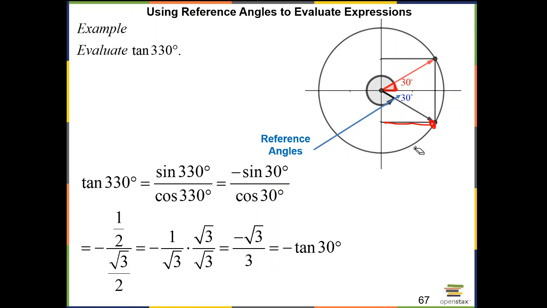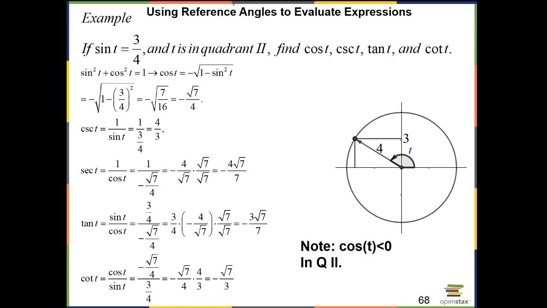So that's another example. All right, if sine of t is 3/4 and t is in quadrant 2, find cosine, cosecant, tangent, and cotangent. Again, we can think of this as in the unit circle, right? The y-coordinate is 3/4.